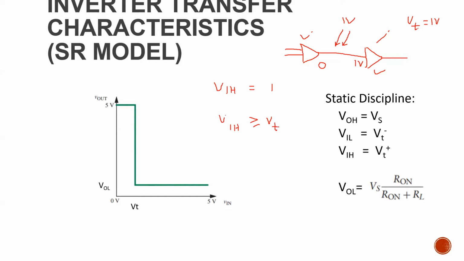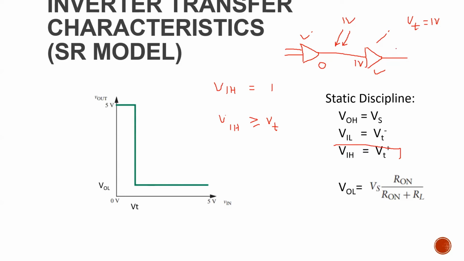So VIH represents the minimum value required to represent logic 1. For this driven element to enter the on state, it requires more than VT. Hence we said it is VT plus, somewhat a very minor value more than VT.